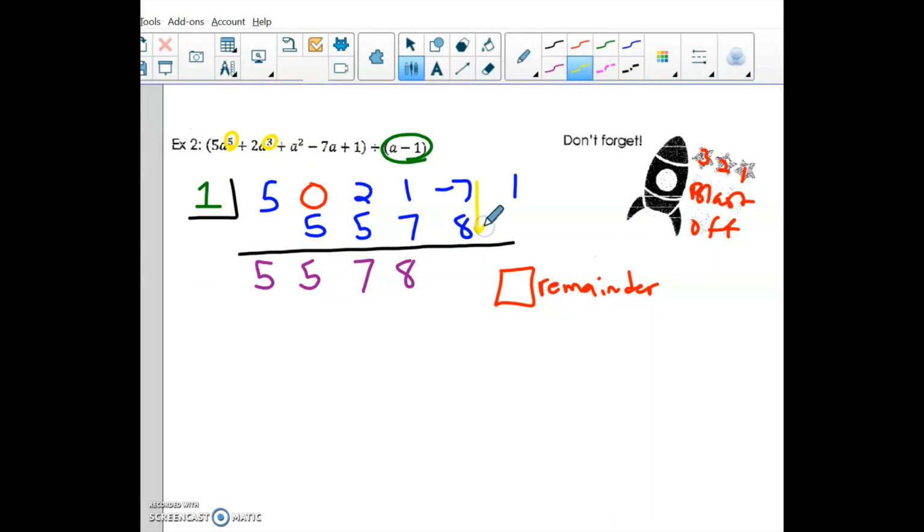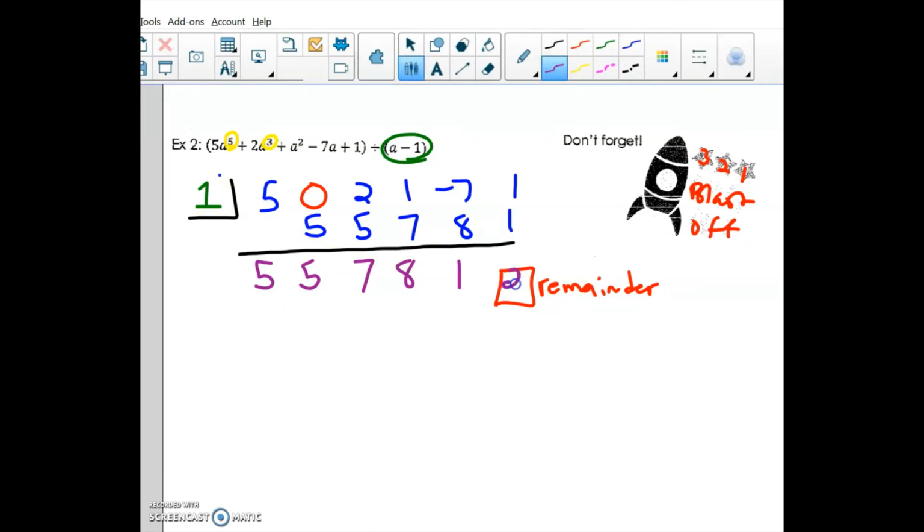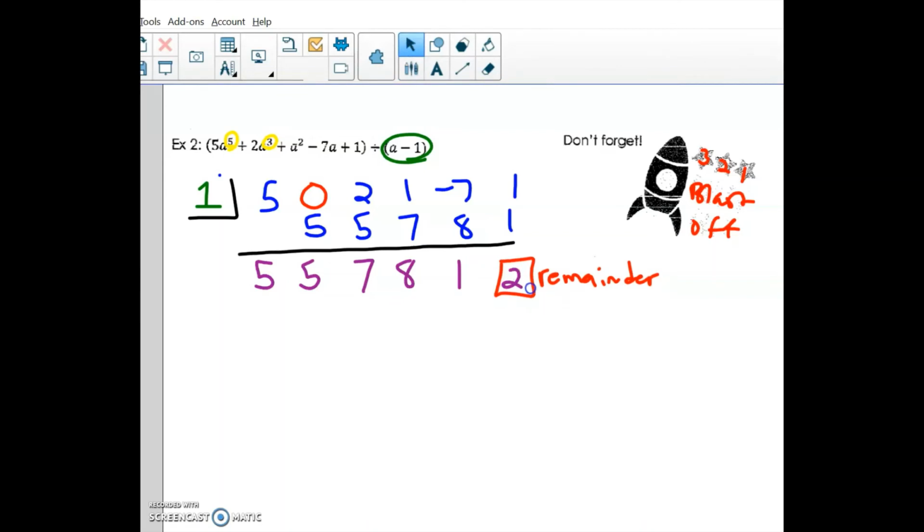Combine these terms. It gives me 1. And the last one, 1 times 1 is 1. Combine those last two terms. It gives us a 2 as a remainder.